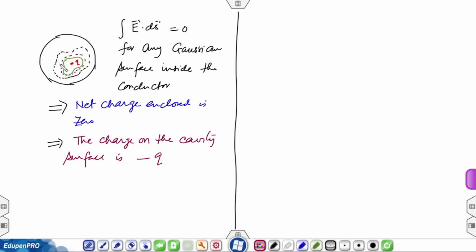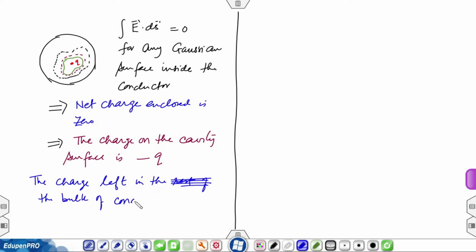So, the leftover charge for the rest of the bulk is plus q. The charge left in the bulk of the conductor is plus q.